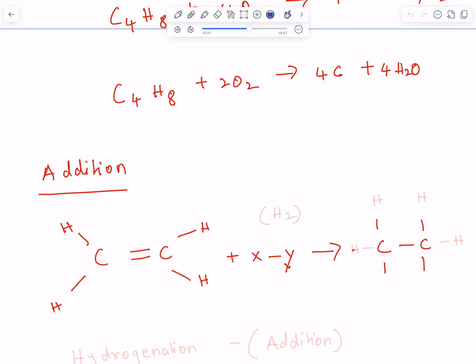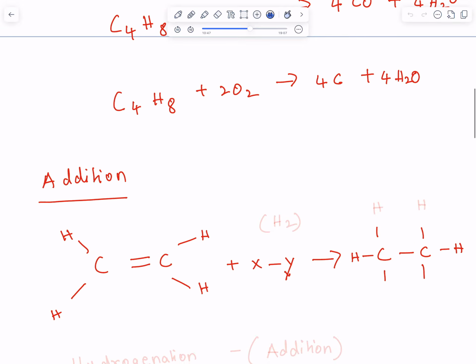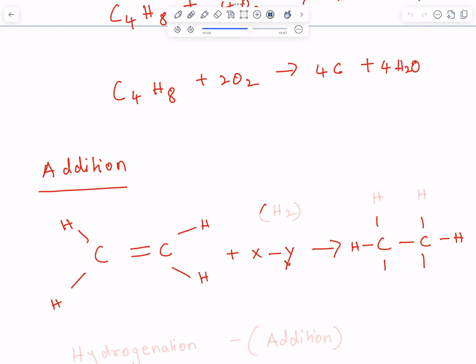I'm going to add my XY across the ethene and convert it into ethane. Imagine if my XY was just a hydrogen molecule, then I am going to add 2 more hydrogens across ethene, and I've just made ethane. This is an addition reaction.